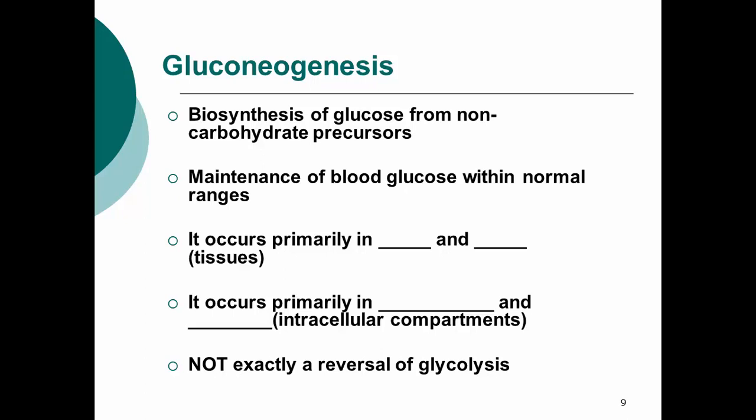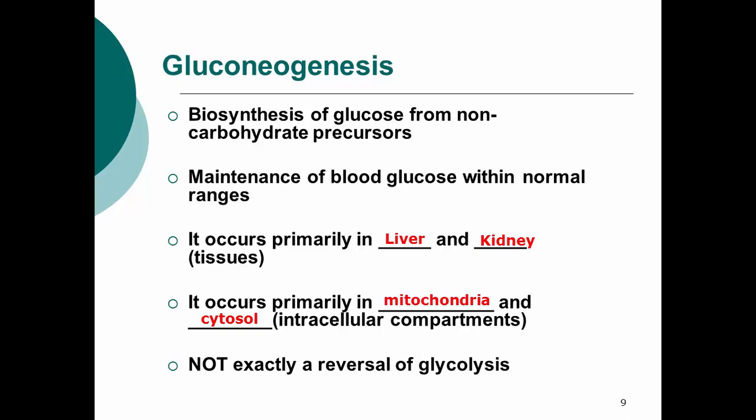Gluconeogenesis occurs primarily in the liver and kidney tissues, right? We talked about it earlier. And in which intracellular compartments does it occur? Mitochondria, yes, and the cytosol. Yeah, cytosol and mitochondria, right?